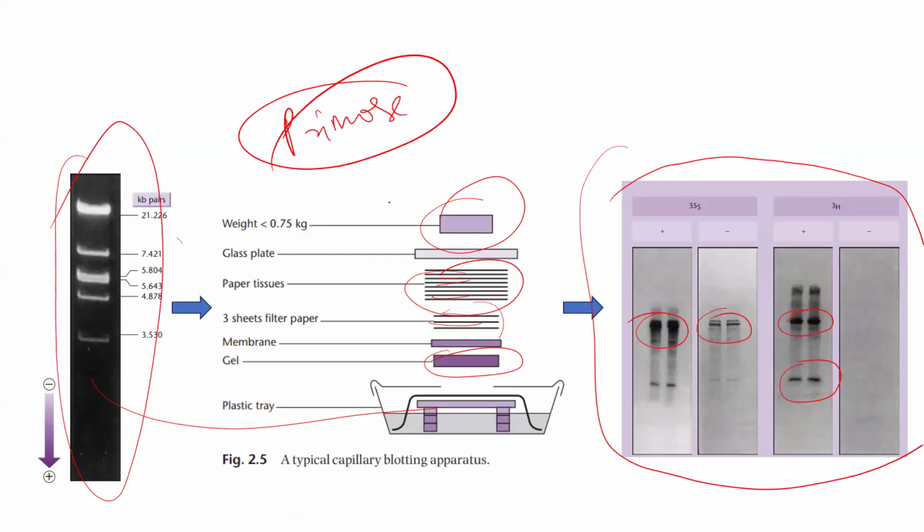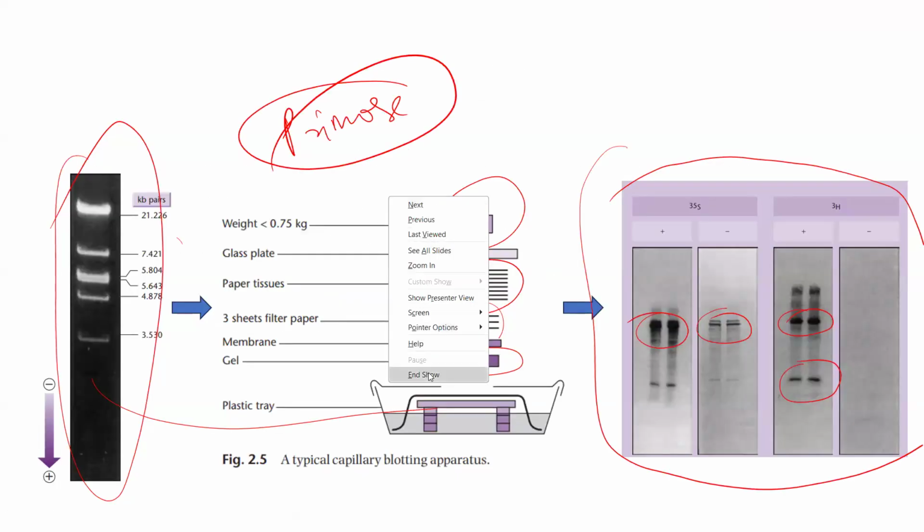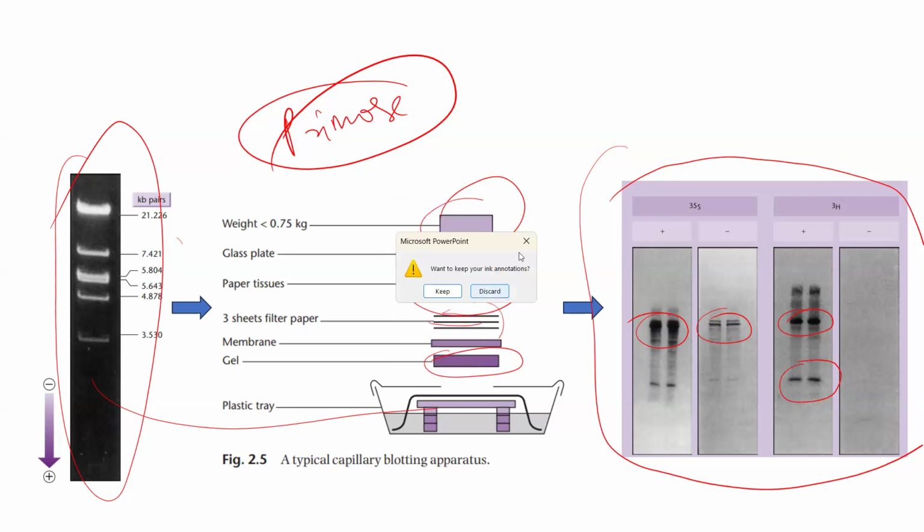Sir, one small doubt: we are using hybridization with a probe just to make genotyping easy, isn't it? No, see, there will be so many restriction sites.